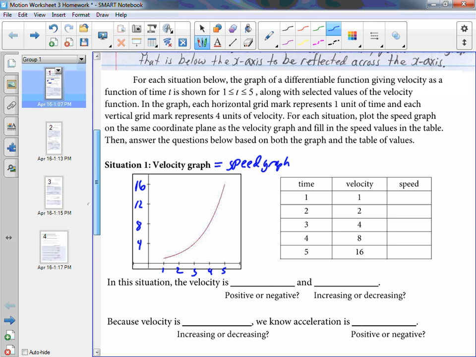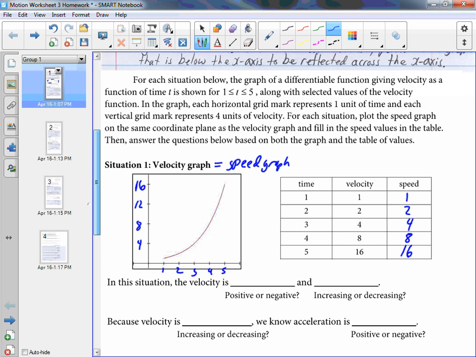And to get the speed at any individual time, it's just the absolute value of velocity. So it's 1, 2, 4, 8, 16, isn't it? Isn't it amazing how I always work the easy ones with you?